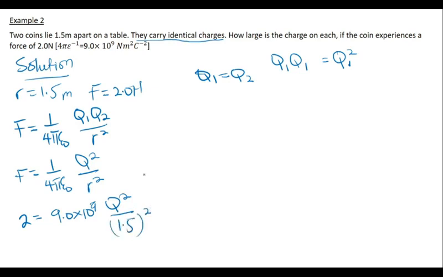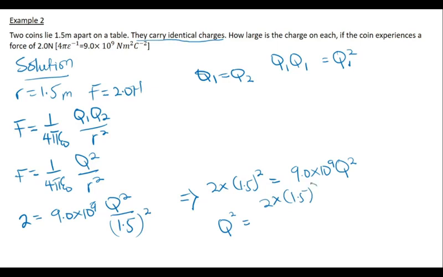So we cross multiply over here, so we have 2 times 1.5 all squared is equal to 9.0 times 10 raised to the power 9 q squared. So q squared will now be 2 times 1.5 all squared divided by 9.0 times 10 raised to the power 9.